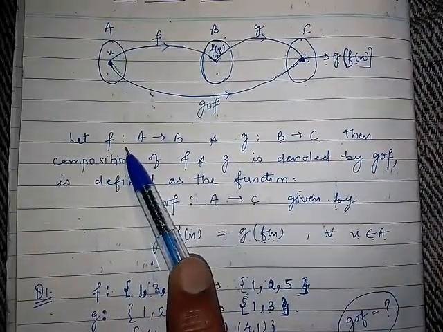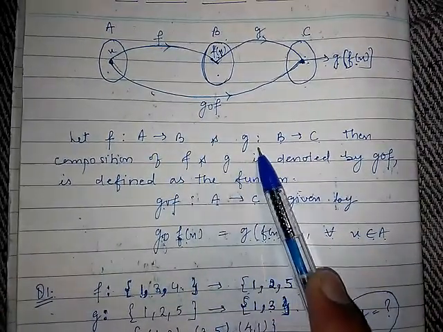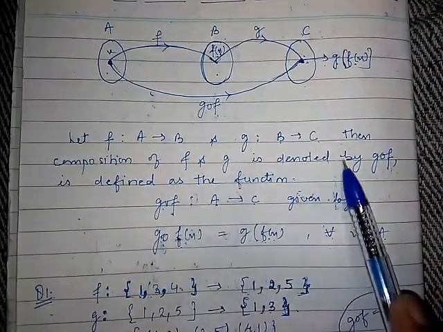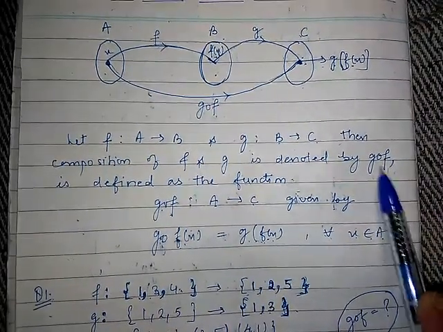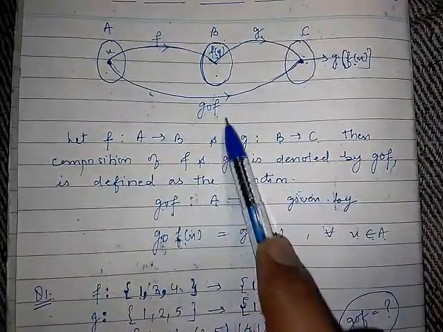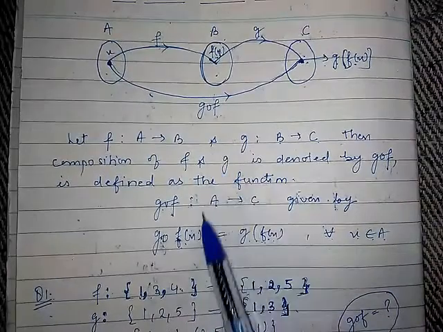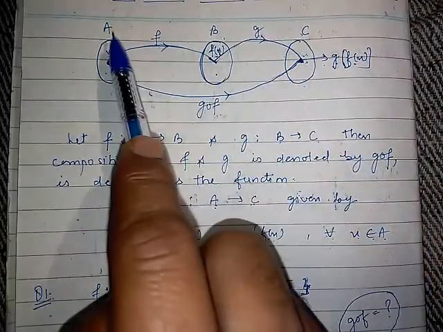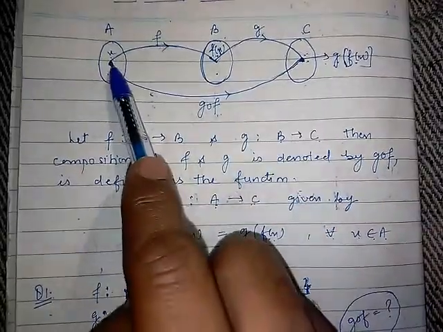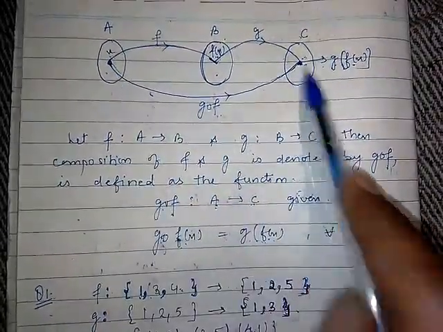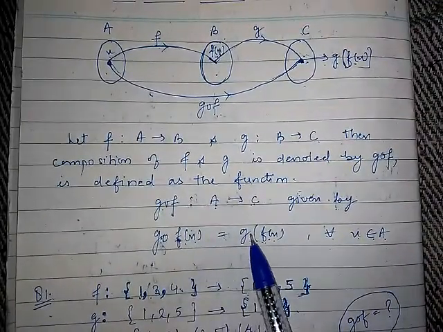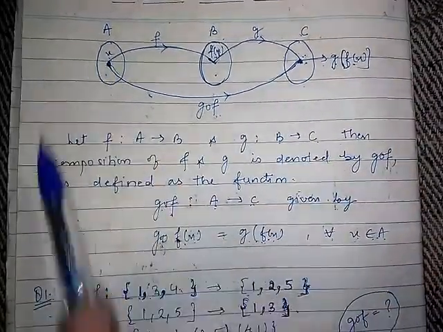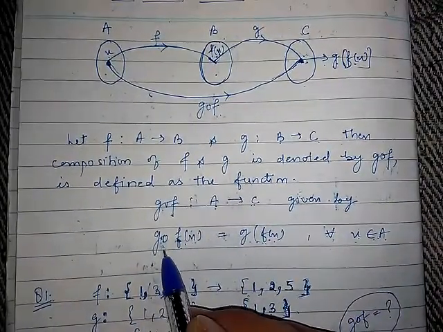Let f be a function from A to B as shown in the figure, and g another function mapping from B to C. Then the composition of f and g is denoted by gof, such that this function gof maps from A to C. First, the g function was linked with the f function through a medium; now it is directly linked from A to C, given by gof(x) equal to g(f(x)) for all x belonging to A. This is how to represent or denote it.